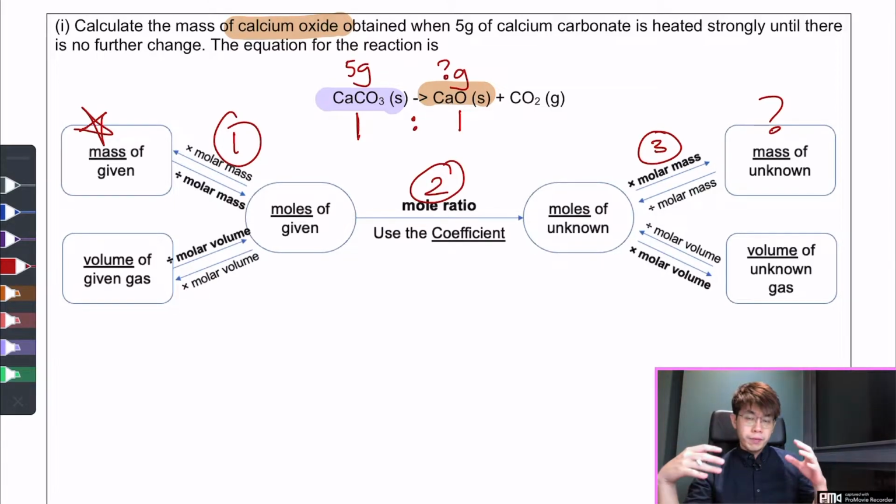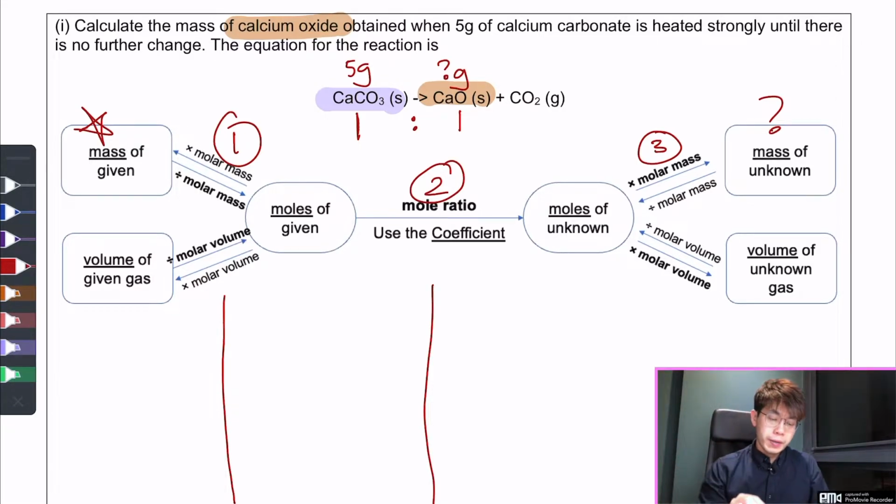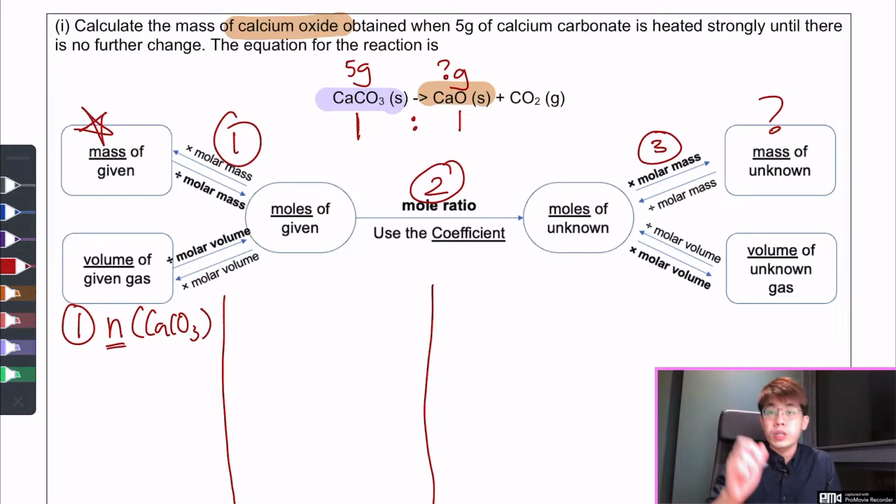Now, I hope all of you would be able to arrange your answer in a very neat manner. So I urge all of you, before you start any of these questions, always divide your page into at least 3 segments. For the first part, 1, we are going to find the number of moles of calcium carbonate. You can see the n, usually I use it as short form for number of moles.